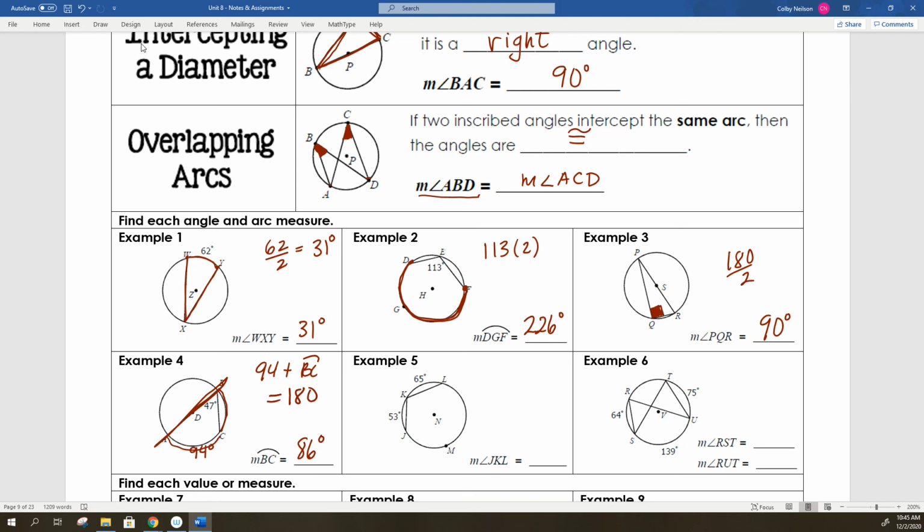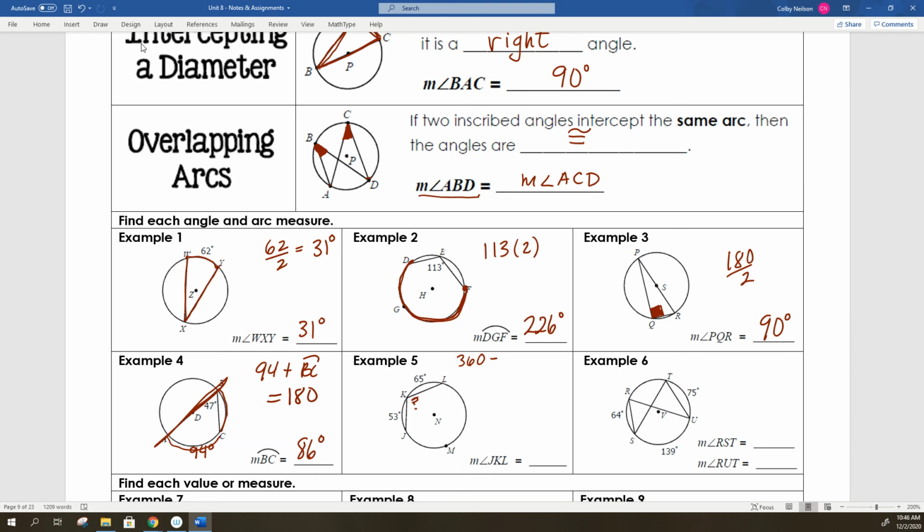Let's see, what's next? Angle JKL. We want this angle right here. Do we know the arc? We don't know the arc. Oh, but we can find the other one. How are we going to find it? We have these other two. All right, so all the arcs together are 360, right?